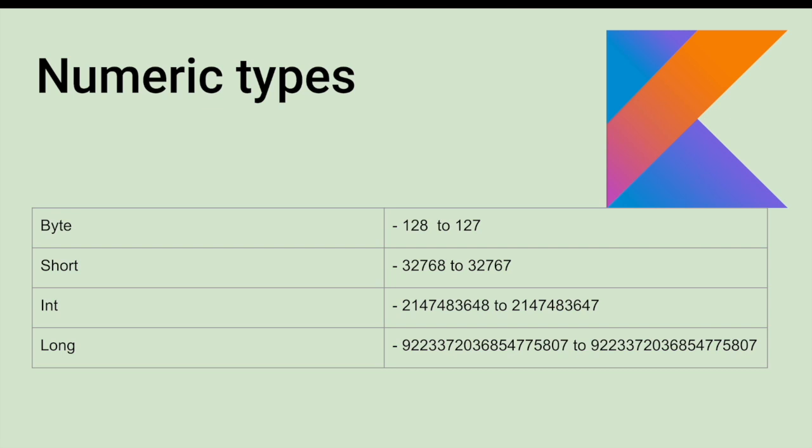So the main difference between these numeric types is that they have ranges. For instance, for byte, you can have only variables between -128 to 127. For short, it's a bigger range, and for int and for long, of course, even bigger ranges. So where does it come from?